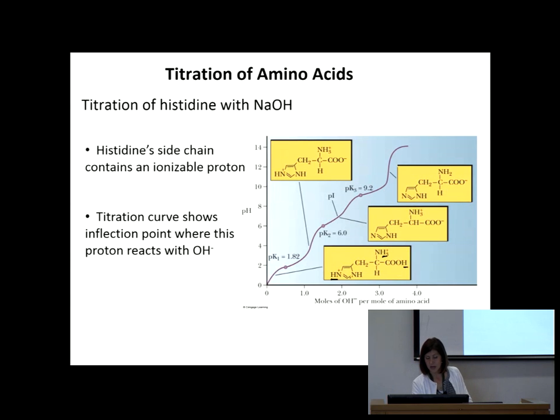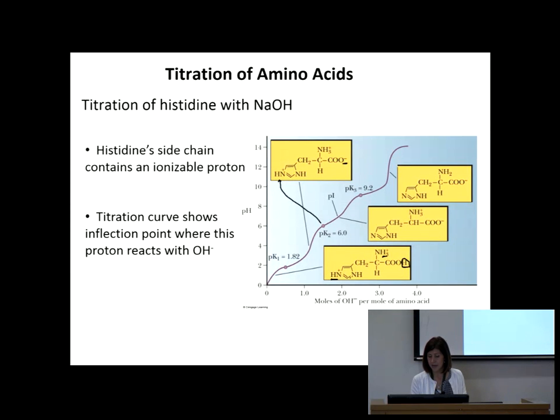So here, what we have is a pK1, and that has to do with the acid. So above it, and they show it, the proton is off there. The pK2 has to do with that proton. So at that pH, you have half on the side chain and half off the side chain.